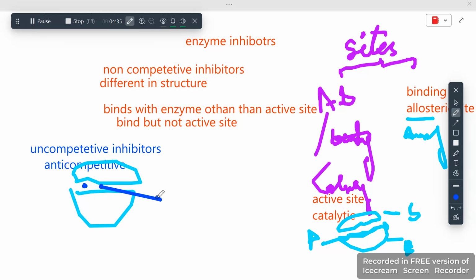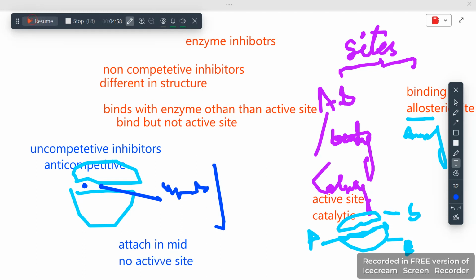This is known as uncompetitive. I'm sure you will not get writing like this. So they specifically attach in the mid, not at the active site.